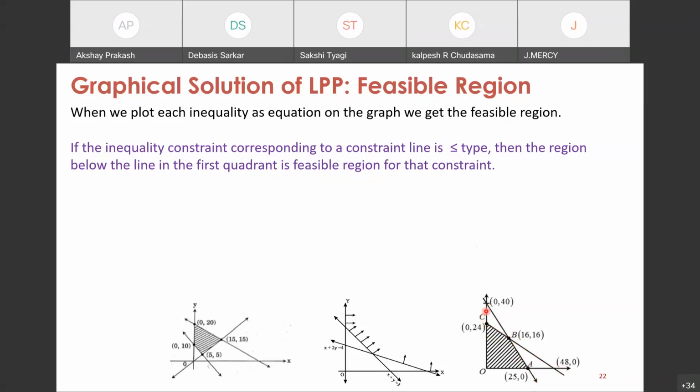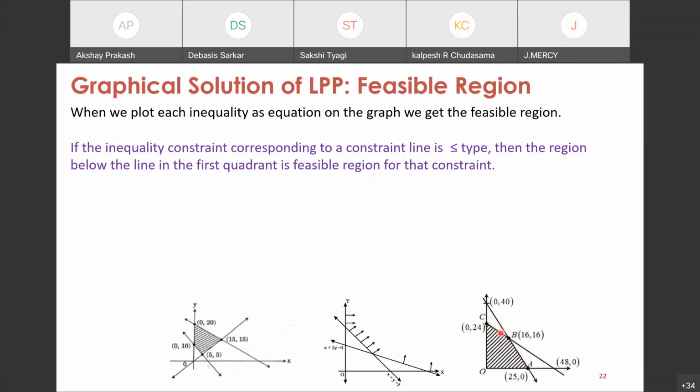So for this one, let us say this one, the region below this line is feasible. So the region below this line, that means the entire region like this. Similarly, for this one, the region below this line is the feasible region for that particular constraint.